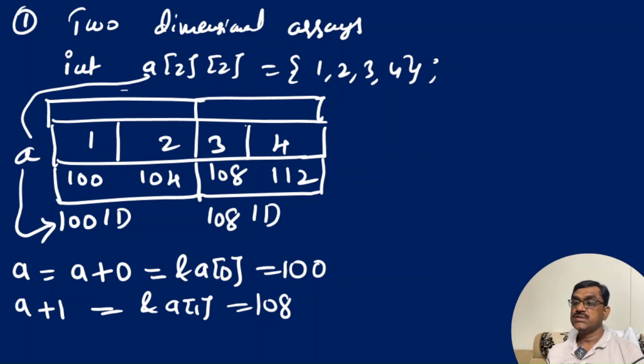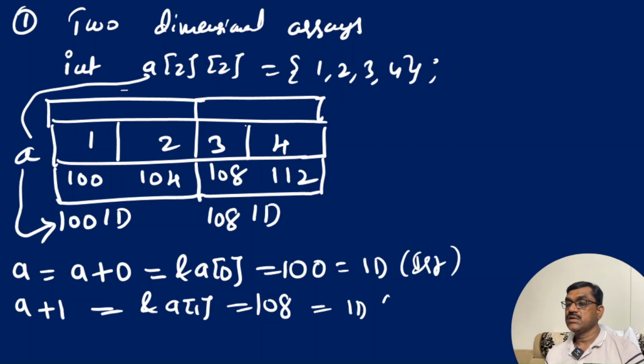See, a is nothing but 100. If you write a plus 1, it is pointing to the second one-dimensional array whose base address is 108. This is about a and a plus 1. Very important thing here: this is the base address of the first one-dimensional array, and this is the base address of the second one-dimensional array.